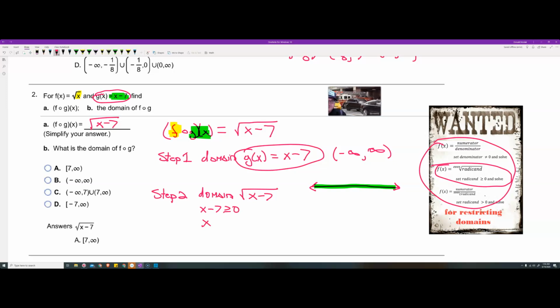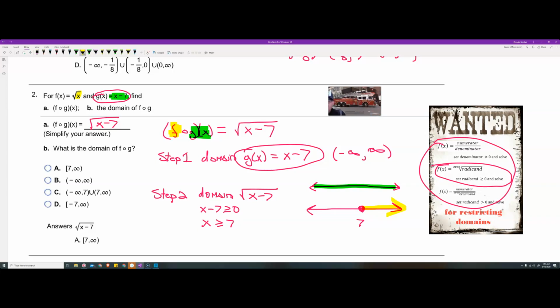Solve it. x is greater than or equal to 7. So if I was going to draw that, greater than or equal to means I'm going to put a dot, and then I'm going to highlight all of where they are greater than or equal to.